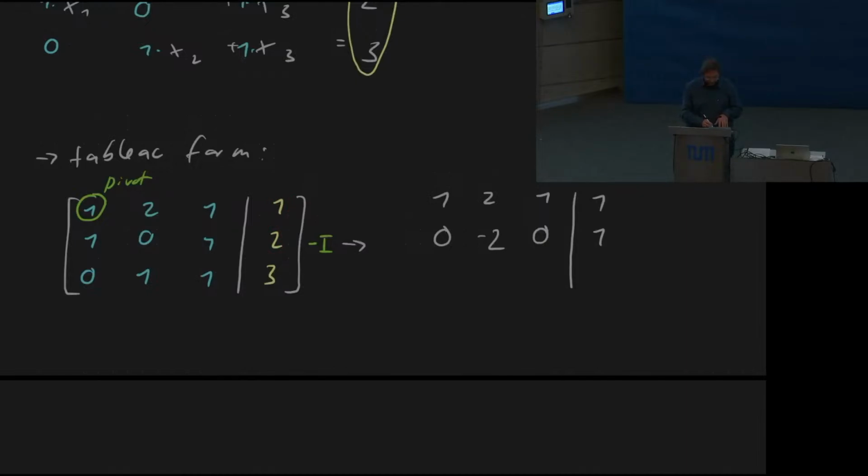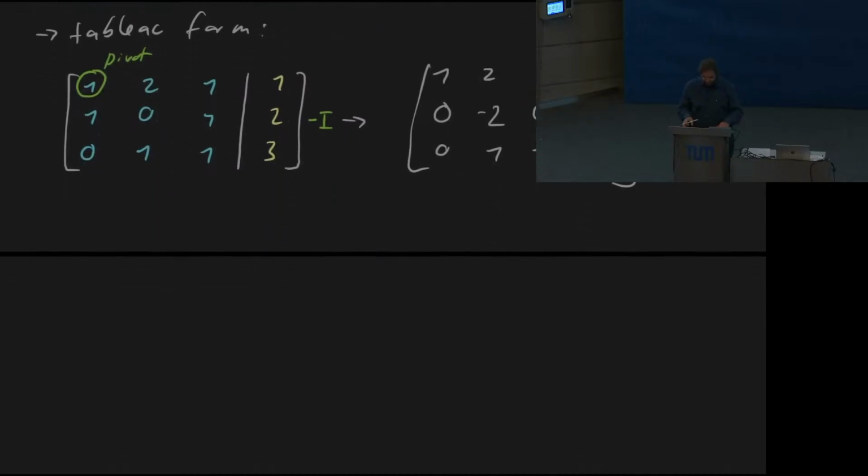Okay, and for the third row, well, there's a 0 already, so we can just keep the third row as it is. Right? Third row is fine. So we just copy that. Okay, and that means currently we have one pivot here, and this is our current staircase.